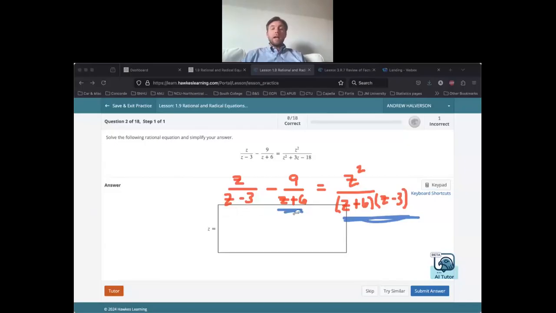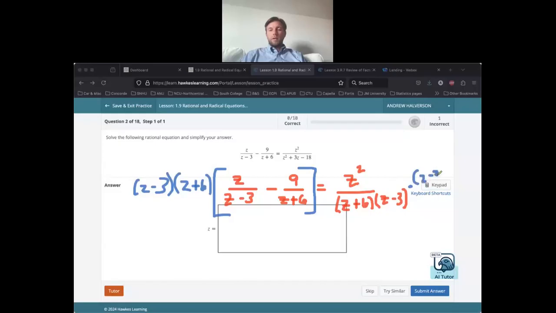So my common denominator in this case would be z minus 3 and z plus 6. I'm going to multiply that to the entire left side, and I'm also going to multiply it to the right side.